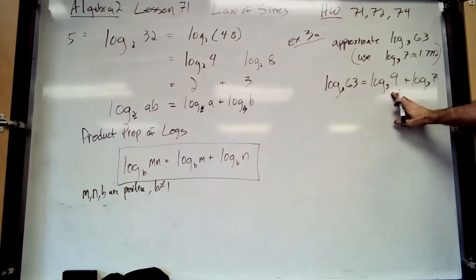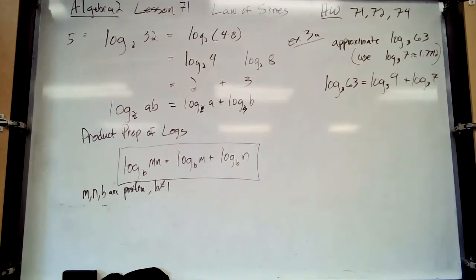Now I know this. Tell me what log base 3 of 9 is, remembering what question you have to ask. Isn't it 3? No, because 3 squared is 9. So the answer would be 2.